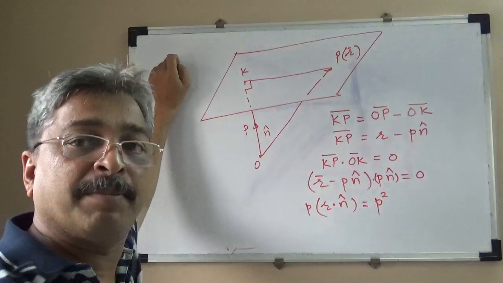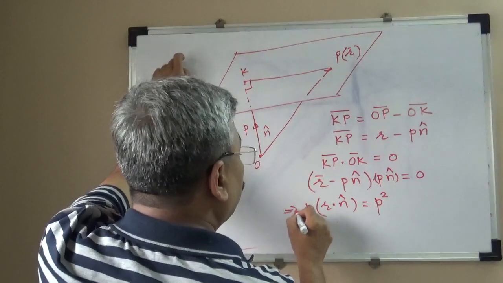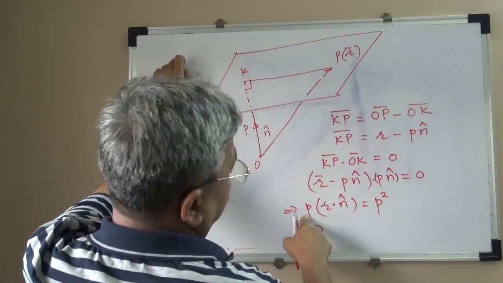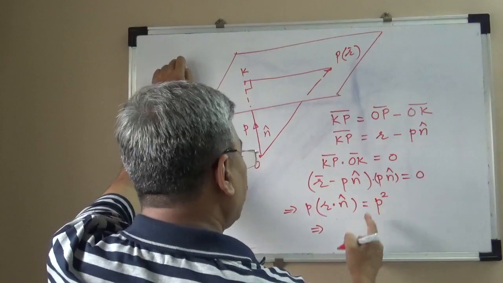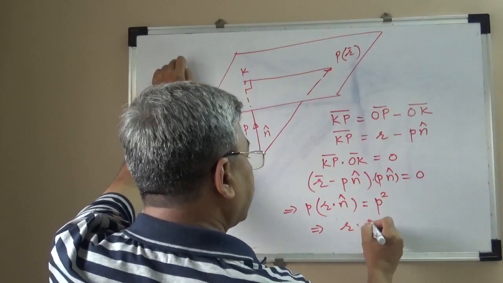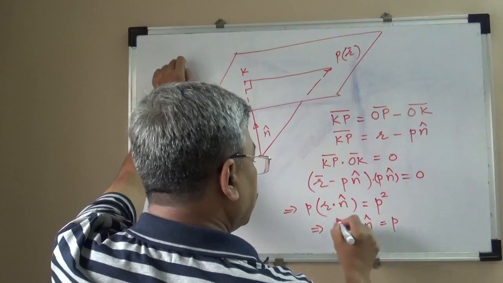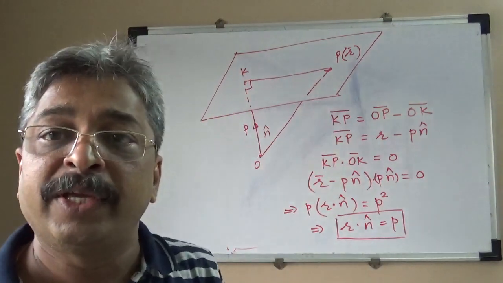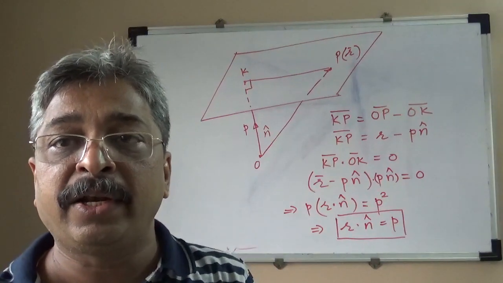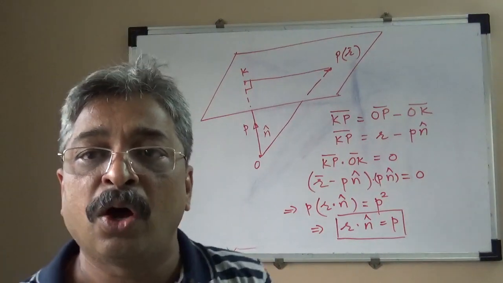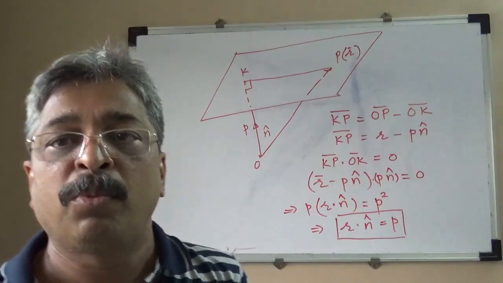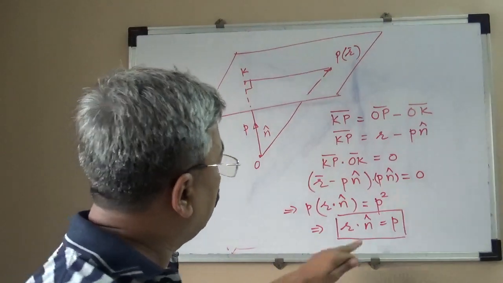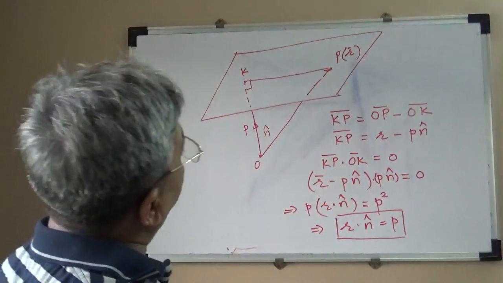N cap dot n cap is 1, and therefore we have P is a distance which is non-zero, therefore we can cancel. R dot n cap is equal to P. So this is the equation of plane when we are given a perpendicular vector and distance of that plane from origin.